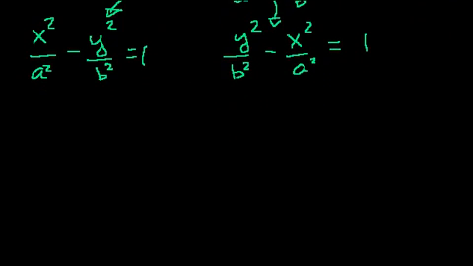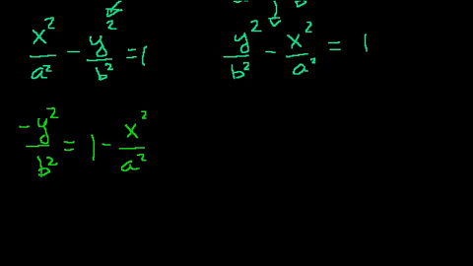So these are both hyperbolas. And what I like to do whenever I have a hyperbola is solve for y. So in this case, if I subtract x squared over a squared from both sides, I get minus y squared over b squared, right, that stays there, is equal to 1 minus x squared over a squared.